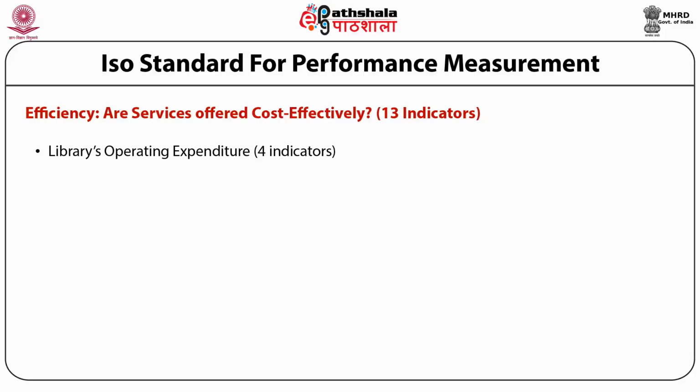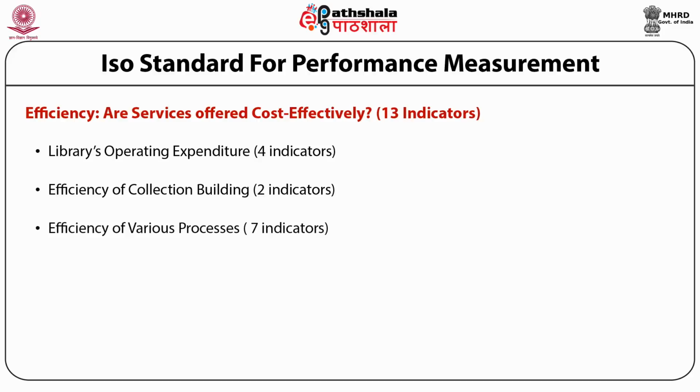There are 4 indicators for this: cost per user, cost per visit, cost per use, and ratio of acquisition cost to staff cost. Efficiency of collection building is calculated as cost per download and cost per document processed.